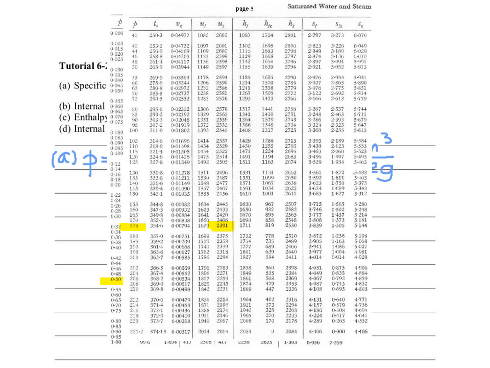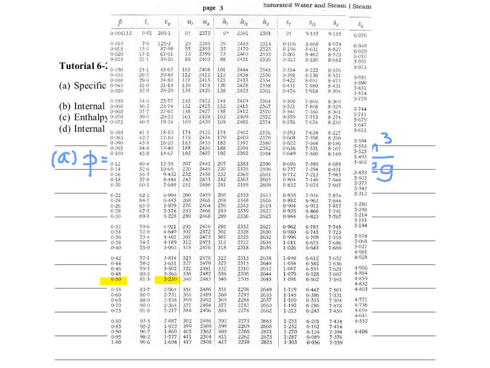If we go to our page 5, you will see we are at the tail end of our saturated water and steam tables. 175 bar, and you notice we will need to find the internal energy, and we use Ug because that is saturated steam, which we usually call dry steam.